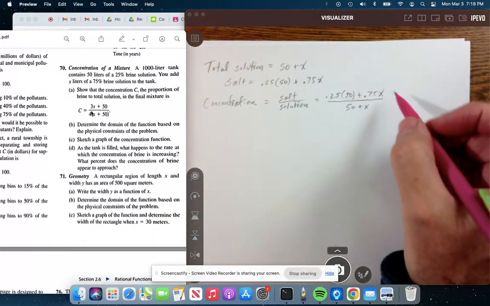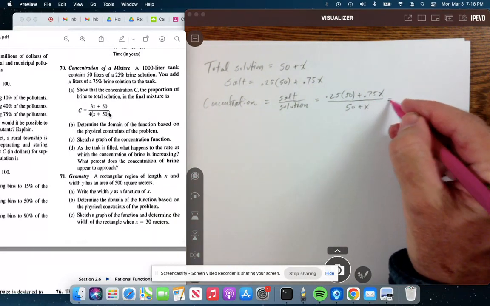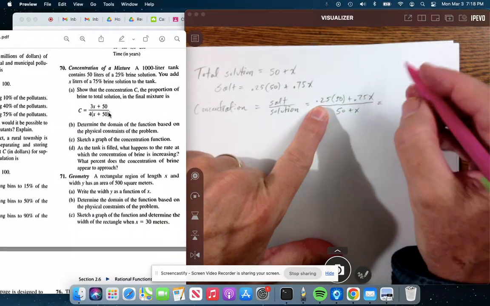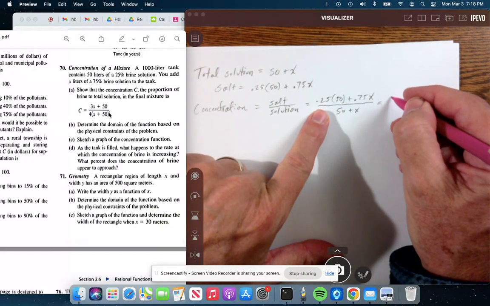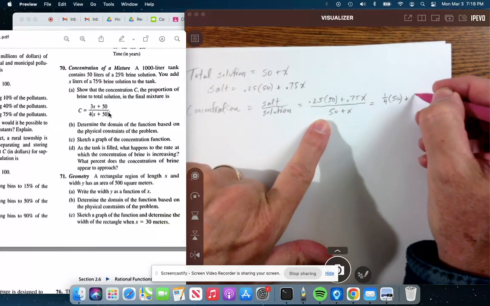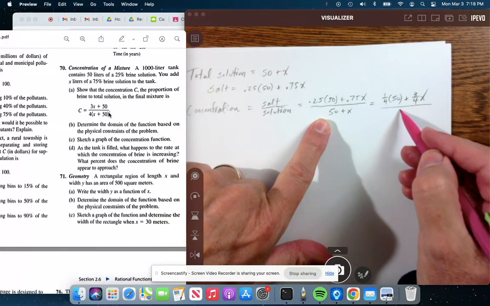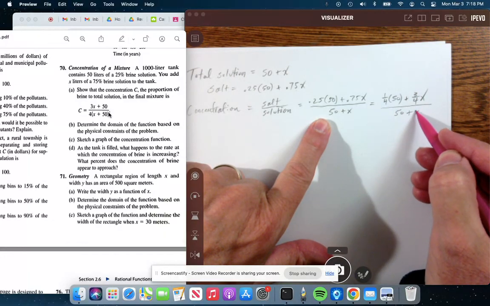I'm just trying to make this look the same as this, and I'm going to get rid of the decimals. So this would be 1/4 times 50 plus 3/4 x over 50 plus x.